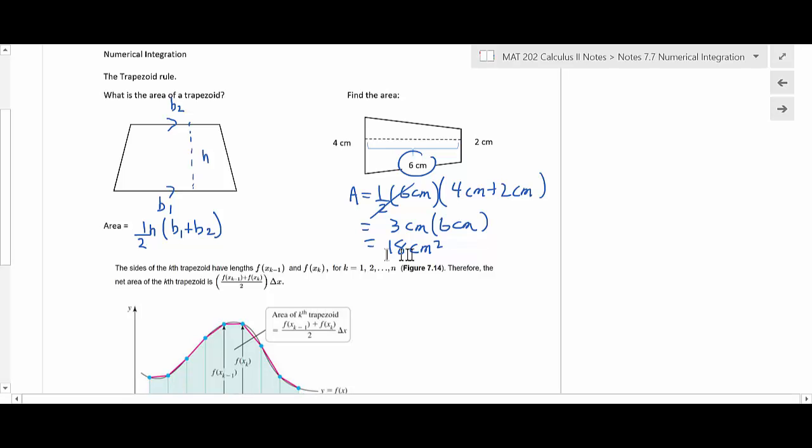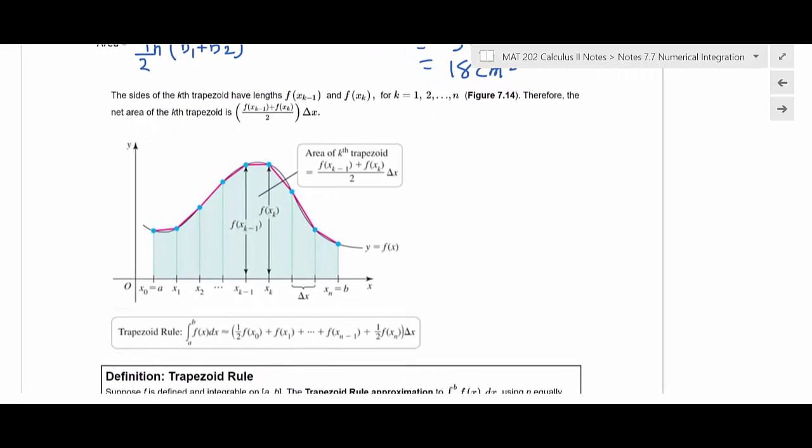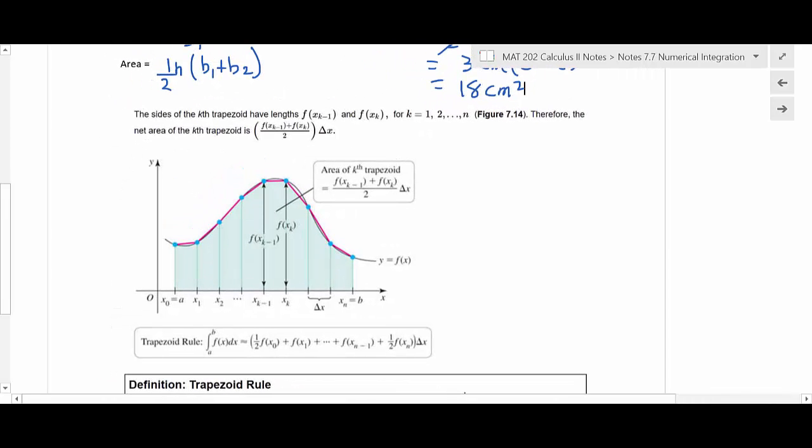From there, we'll begin to put this together. This diagram is showing the trapezoid rule, and there is a shortcut to the trapezoid formula, and I'll show you where that comes from in a little bit. There's a couple of things I want you to write down. Delta x is really the height of the trapezoid.